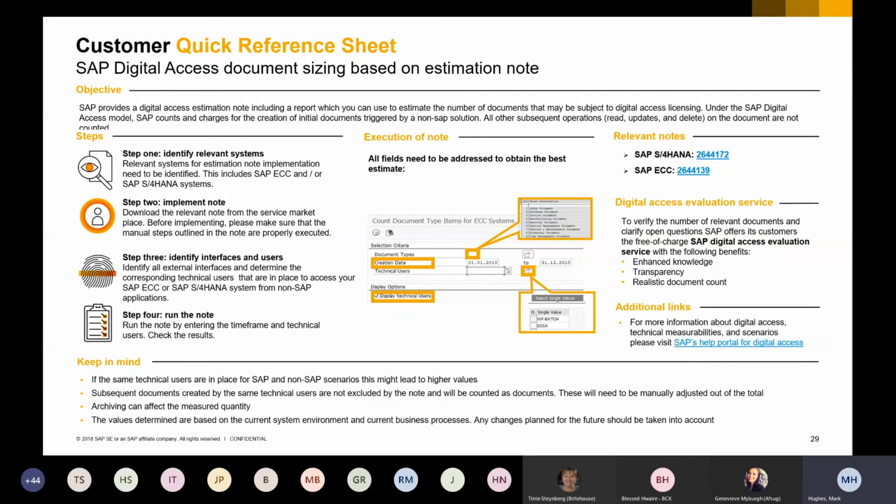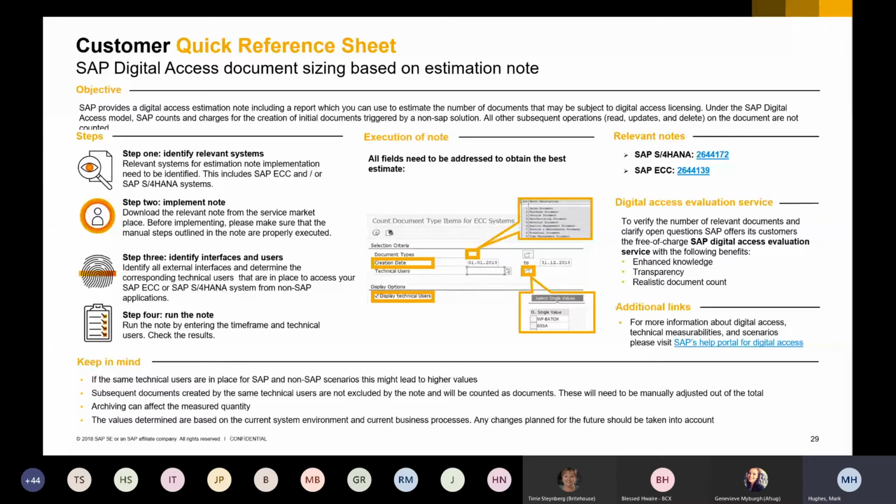Another point that we have encountered is in some cases that same technical user is used in a batch process after the fact and is actually then the creator of subsequent documents, and the measurement tools count those, in some cases incorrectly. So that would also be something where we could help with manual adjustments to make sure that the numbers are as close to correct as possible.